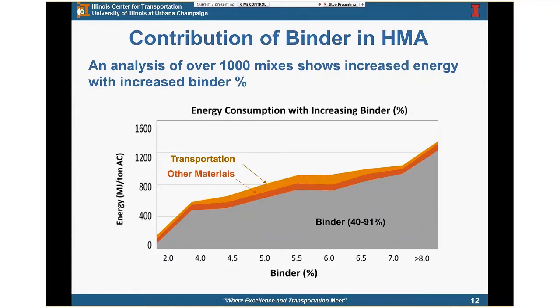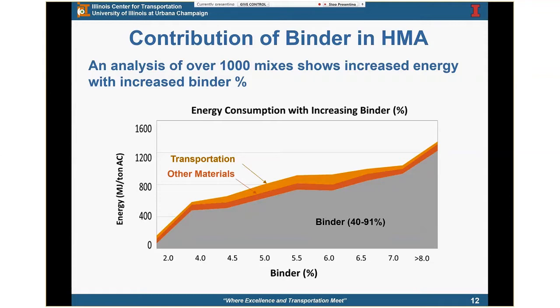So let's look now at a mix. We looked at 1,000 mixes with different binders, and we looked at the energy that went into these mixes. Surprisingly, most of our mixes are within 5.5 to 6%, let's say, binder.